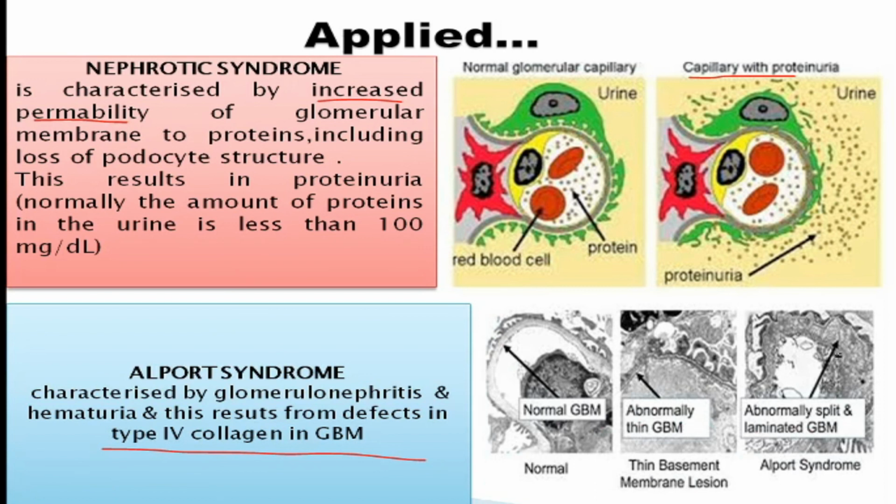You can see split and laminated glomerular basement membrane in case of Alport syndrome, because of the defect in type 4 collagen, and this is basically because of COL4A4.